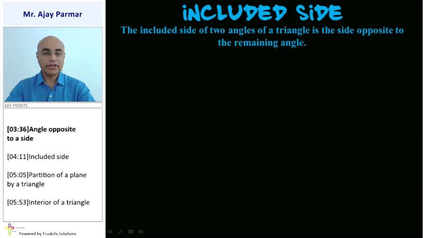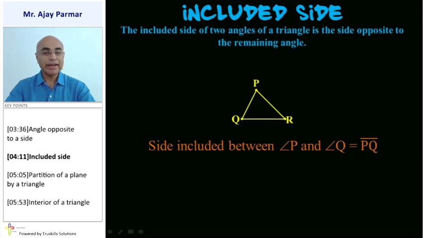Included side is nothing but the side which is included between the 2 angles, and that is opposite to the remaining angle. That means whatever the names of the angles are given, whatever the remaining name, the side opposite to that would be considered as the included side. For example, for triangle PQR, the side included between angle P and angle Q, that is line segment PQ.